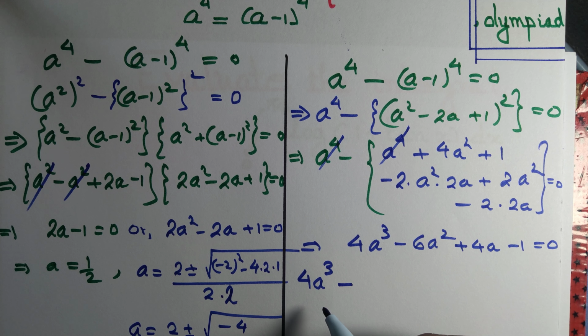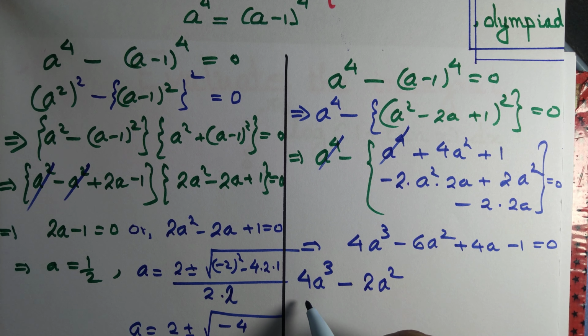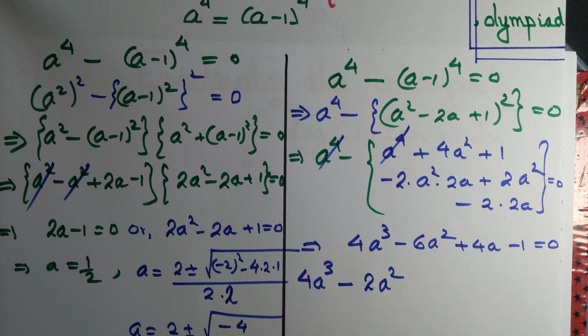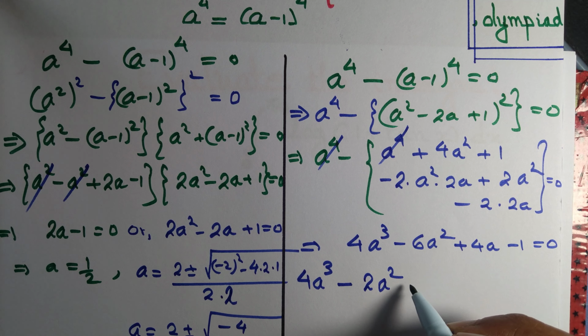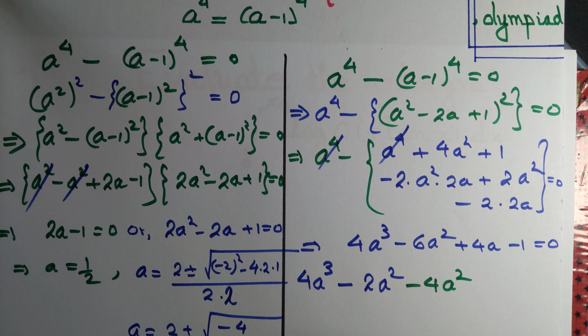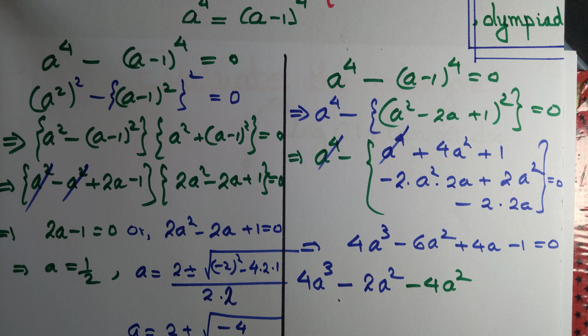If I take 4a square common, you will get a minus half here. But when I write minus 2a square, I have to adjust this quantity. So we will write minus 4a square. So minus 2 and minus 4 will give minus 6.